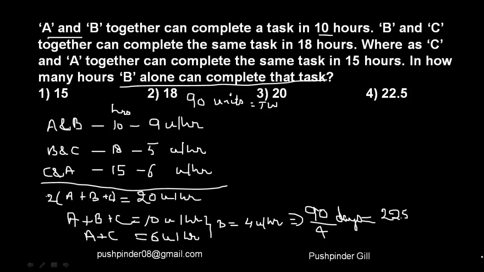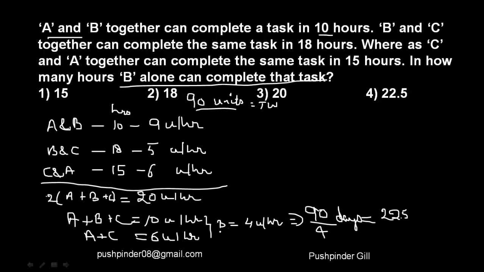Let me just take a quick recap. Till here, you all must be understanding that A and B take 10 hours, B and C take 18 hours, and they take 15 hours. So I assume the work to be of 90 units. That means they finish 9 units per hour, 5 units per hour, and 6 units per hour. Together, the three of them finish 10 units per hour. Now, 3 of them are finishing 10 units per hour, and 2 of them are finishing 6 units per hour.